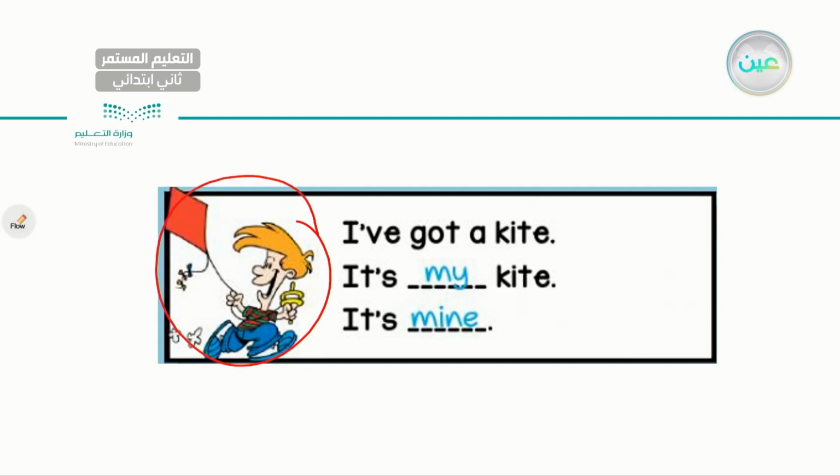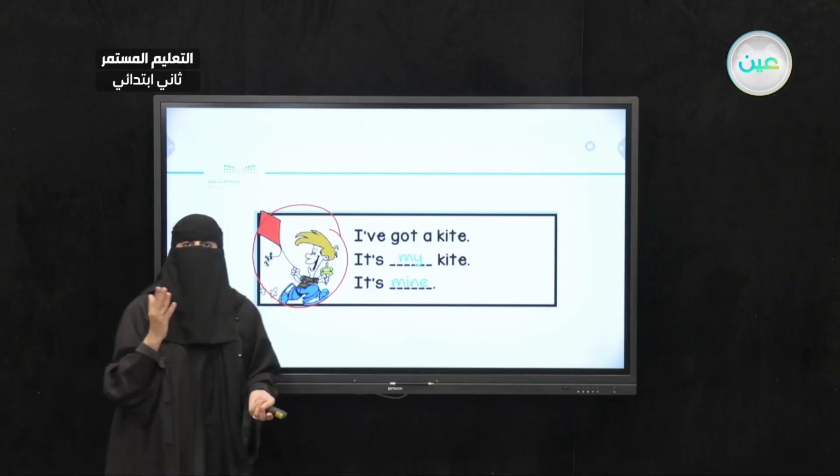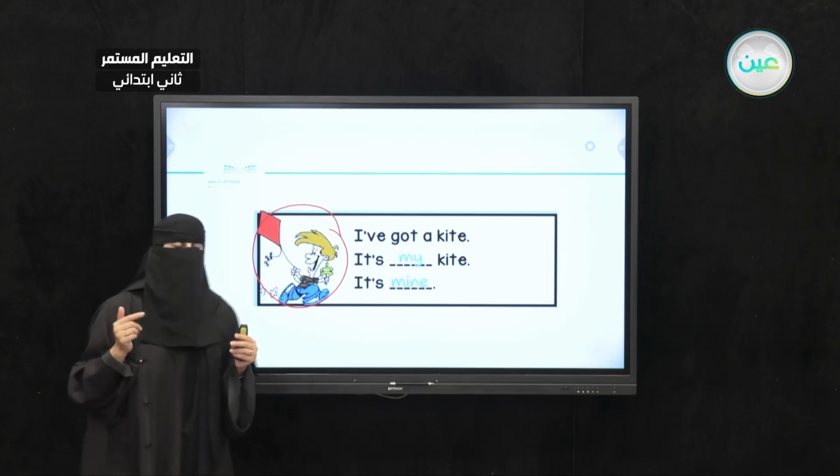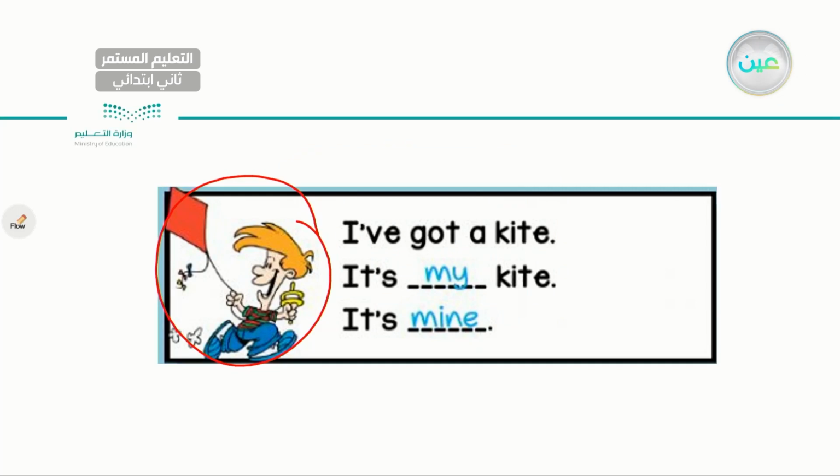So, I've got a kite. I have it with the pronoun I. It is my kite. Same sentence, same meaning. It is mine. Notice that I have kite, which is a noun, so my kite. And then I have mine, and it's followed by no words. Okay? So, let's take another example now.